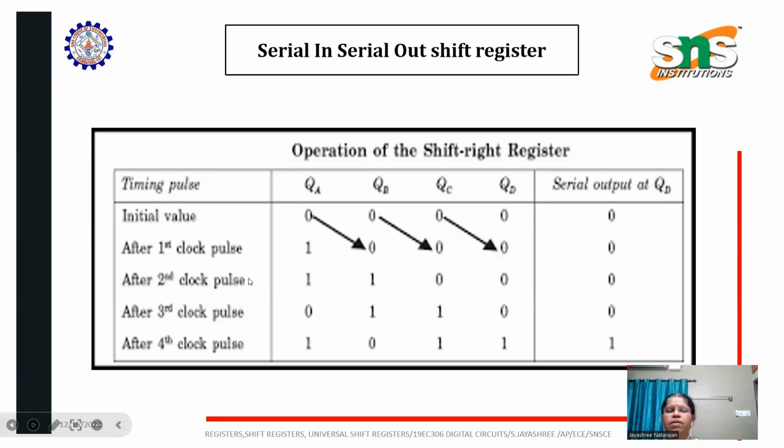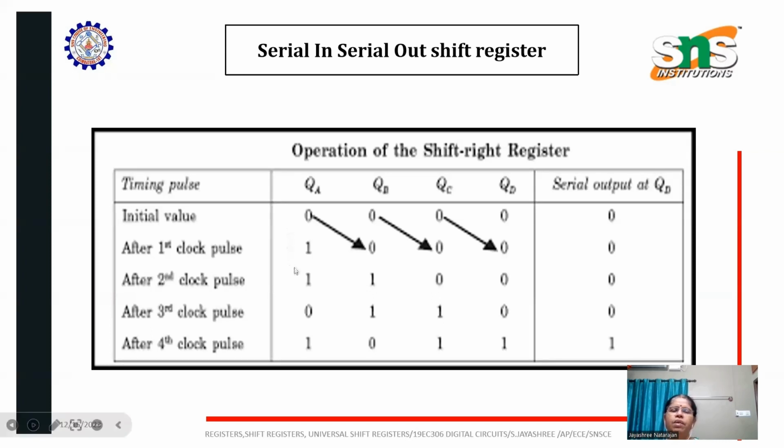After the second clock pulse, the 1 shifts to QB, the 0 shifts to QC, the 0 shifts to QD, and again a data bit enters QA, the first flip-flop.